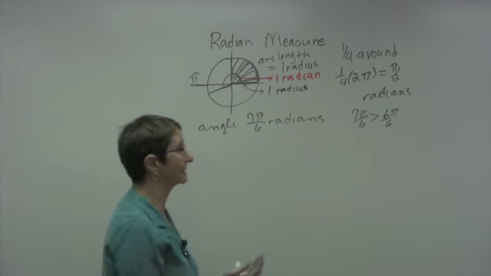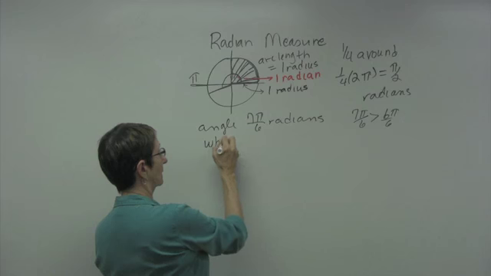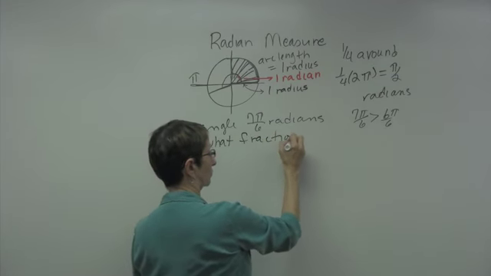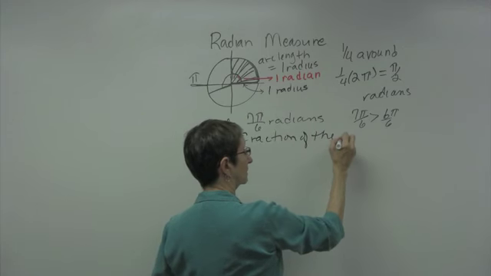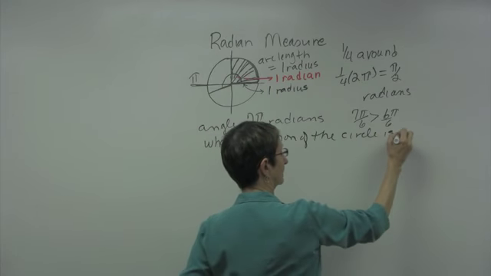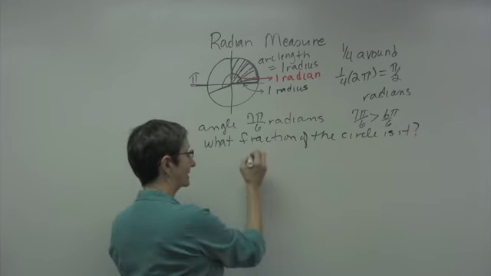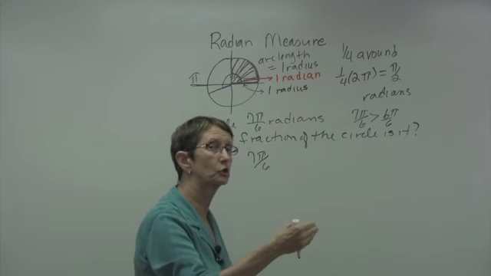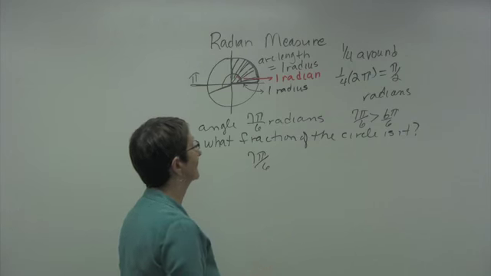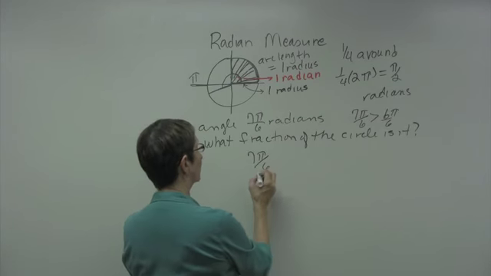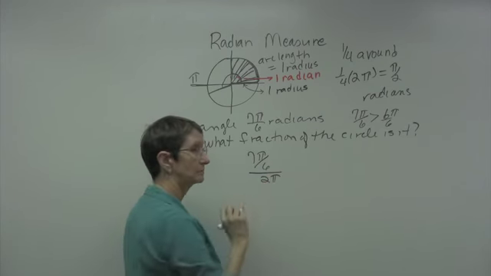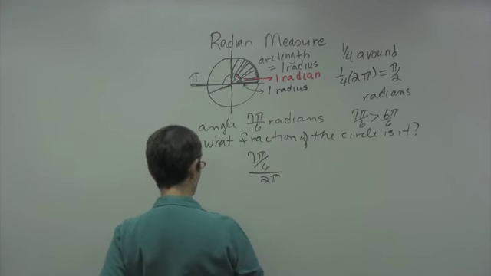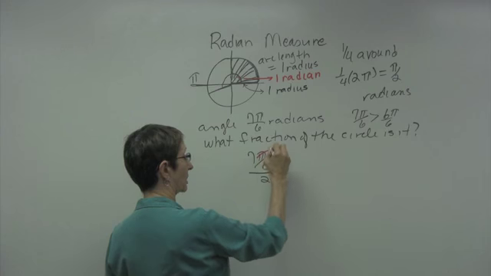What part of the circle is that? What fraction of the circle is it? Okay, well, if it's 7 pi over 6, and I want to know what fraction of the circle, the whole circle is 2 pi. So I would divide that by 2 pi. Dividing that by 2 pi means the pi's are going to cancel because I have one on top and one on the bottom.